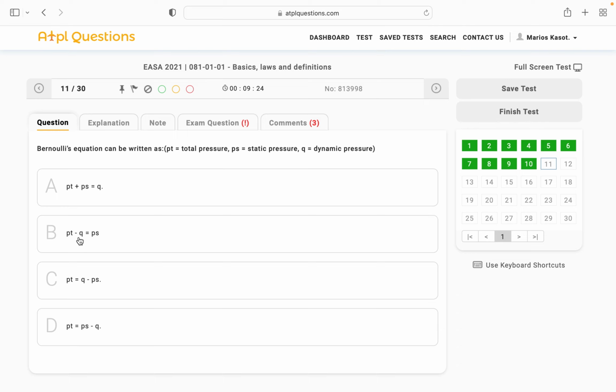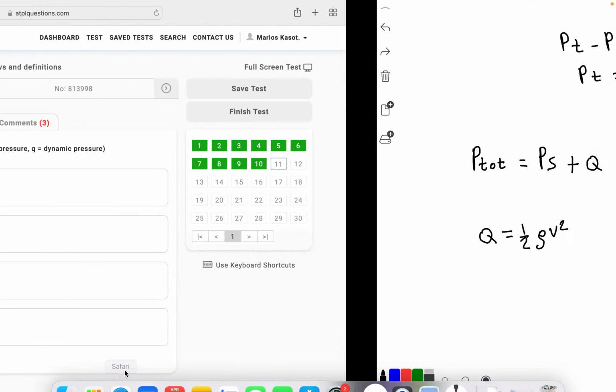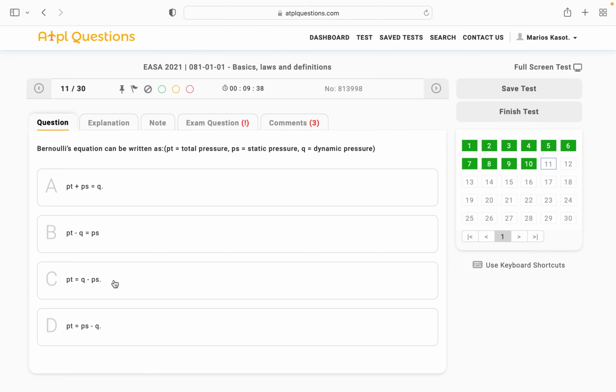This is the correct answer, because if we arrange answer B, total pressure minus static pressure equals Q, rearranging it, we come up with this, which is the correct answer. So obviously the other two are wrong.